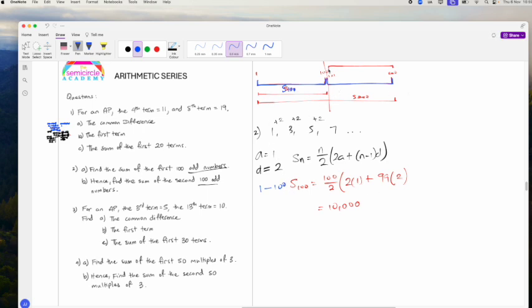So to find the sum of just the second 100, we need to find S200 and then subtract the first 100. S200 is 200 over 2 into 2 times a plus 199 times 2.